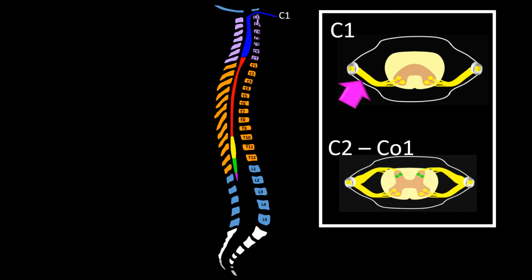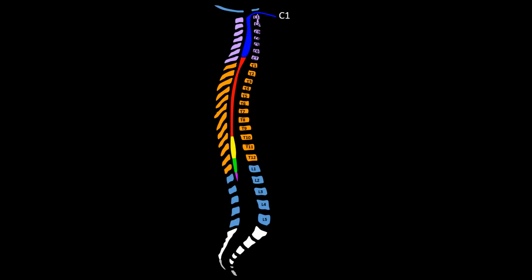Thus, it has no sensory component. As a consequence of C1 exiting the spinal canal above the C1 vertebra, the cervical spinal nerves from the 2nd to the 7th exit the spinal canal above the numerically corresponding vertebra, and the C8 spinal nerve exits below the C7 vertebra.